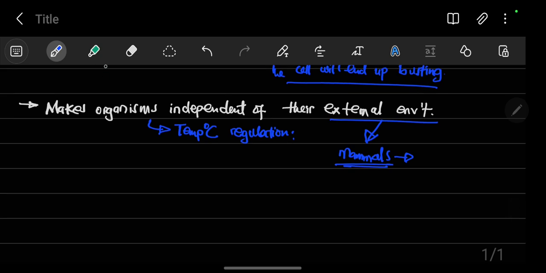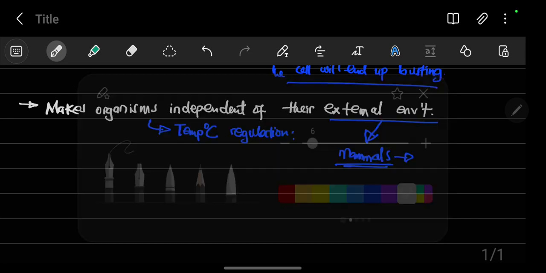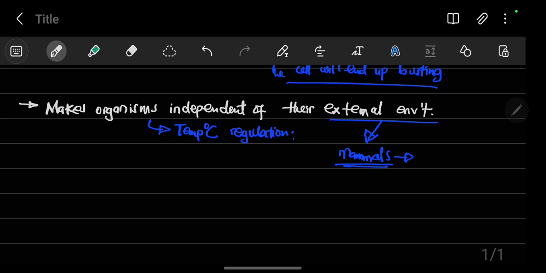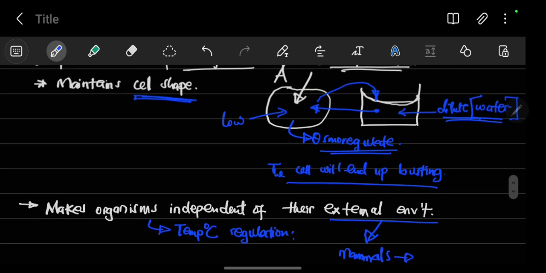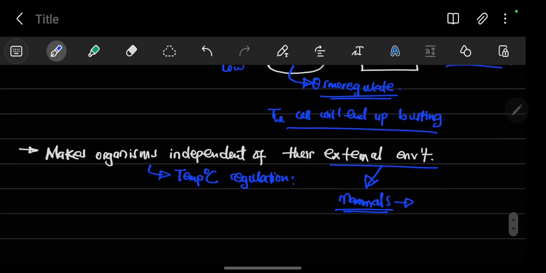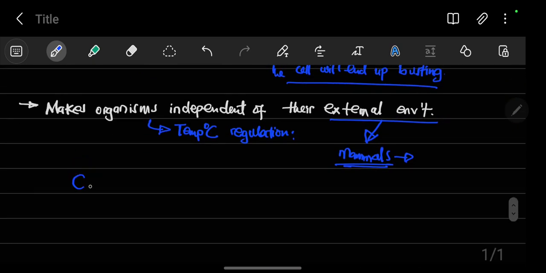Then we move on to control mechanisms and feedback.